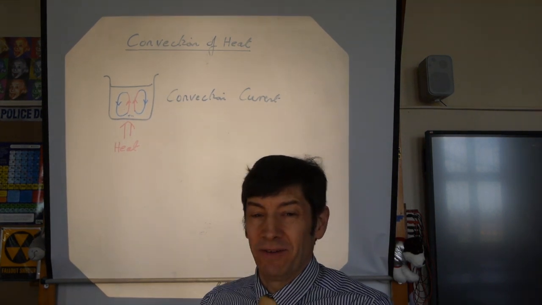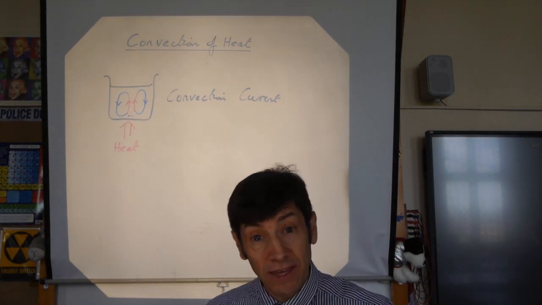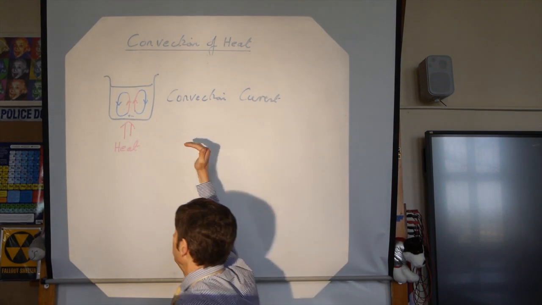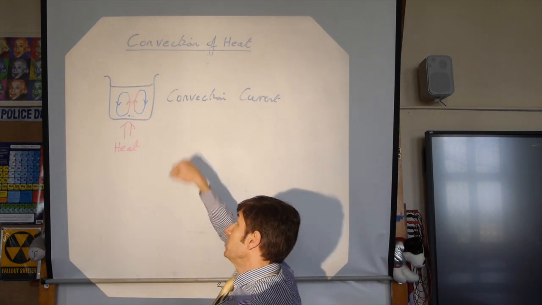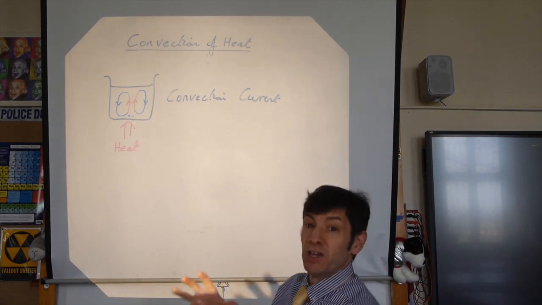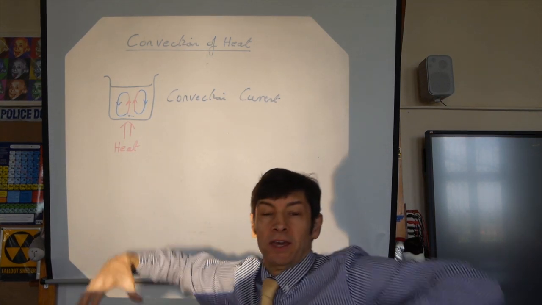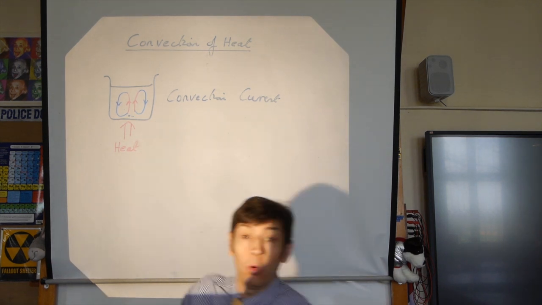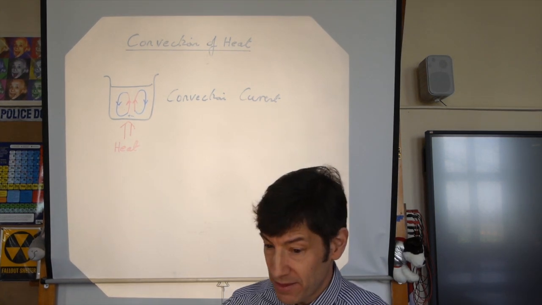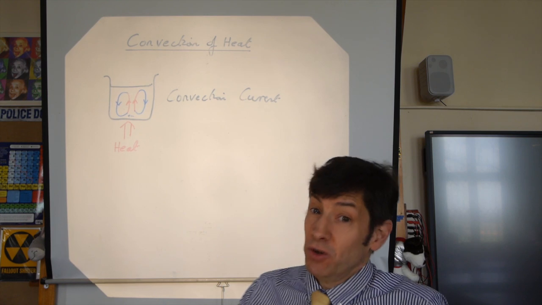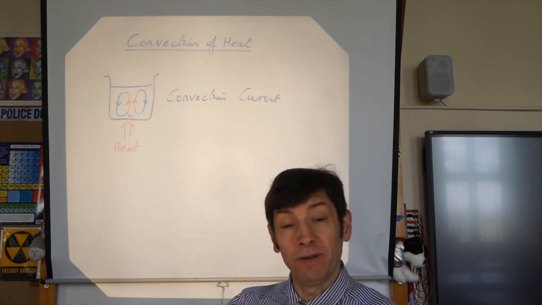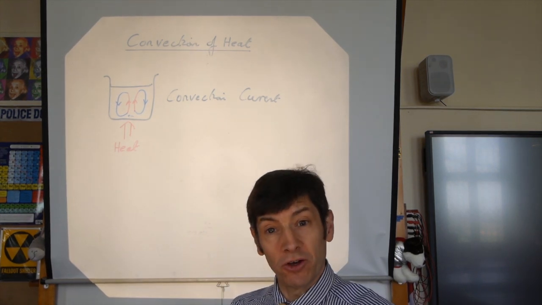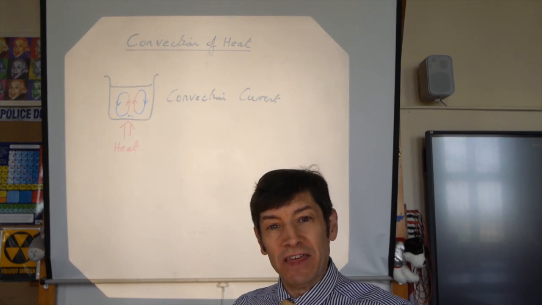You've seen it lots of times at home. Where do you put the heater in a kettle? You put the heater at the bottom, so you don't need to stir the water to heat it. In other words, the water warms at the bottom, convects upwards and stirs and makes sure that all the water in the kettle gets warm. It sounds obvious, but you put a saucepan when you're making pasta on the cooker and you heat it from underneath.